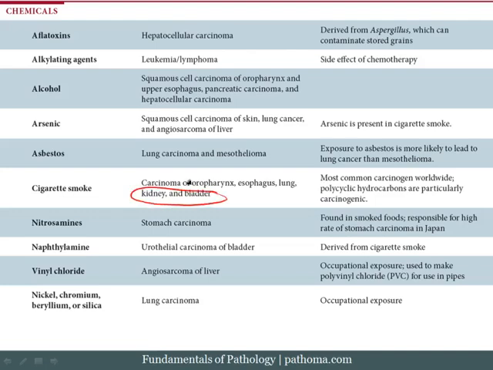Now, generally speaking, the urothelium, which is the lining of the collecting system of the kidney, the bladder, the ureters, and a portion of the urethra, that entire system is lined by urothelium. And the key risk factor for urothelial carcinoma is cigarette smoke, cigarette smoke, cigarette smoke. The idea here is that when a patient smokes, the carcinogens get into the blood, and then they get filtered by the kidney, and they get concentrated in the urine.